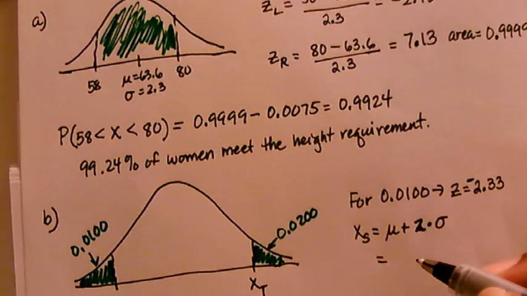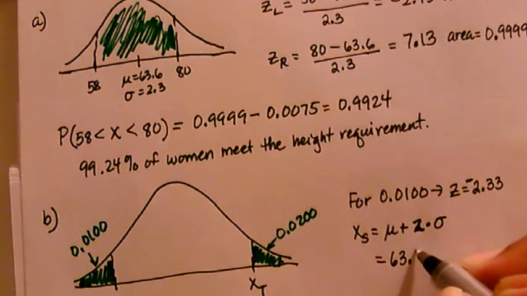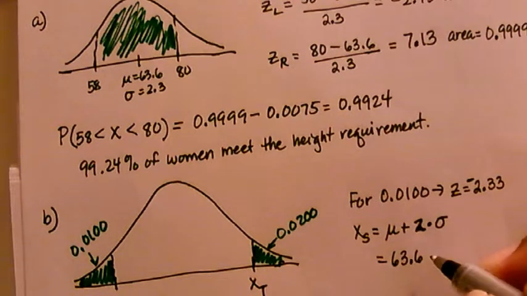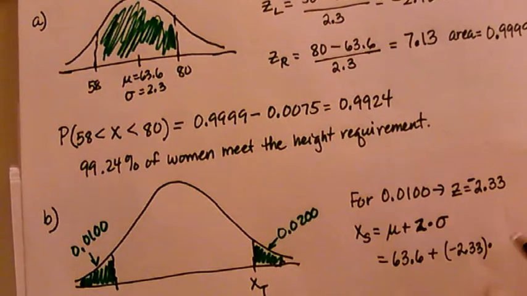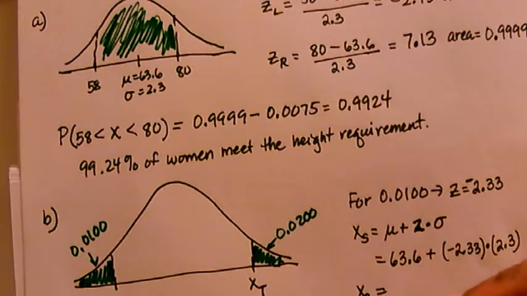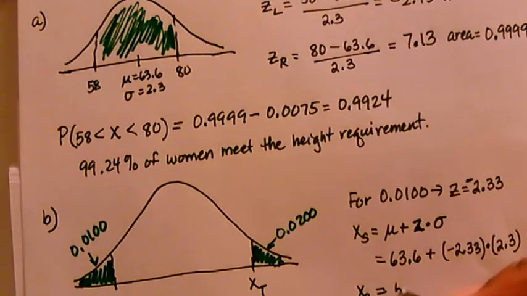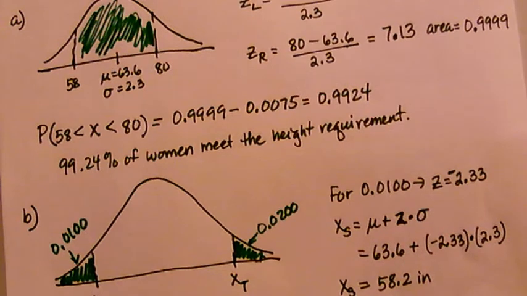Your mu is still 63.6, from the original problem that's given to you, plus z, that's negative 2.33, and you were told the standard deviation was 2.3. So for the shortest height, multiply 63.6 plus negative 2.33 times 2.3, and you'll get 58.2. So the shortest height is going to be 58.2 inches.